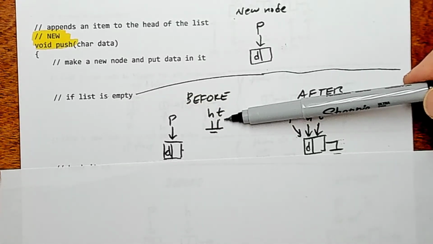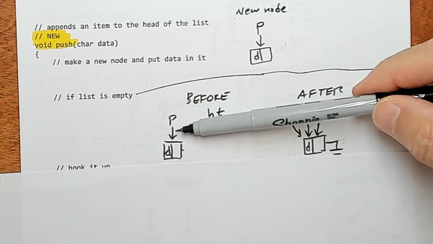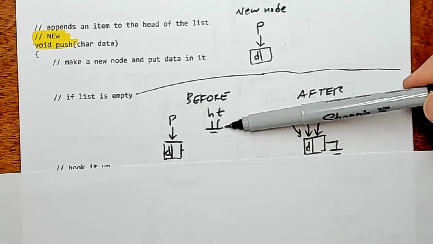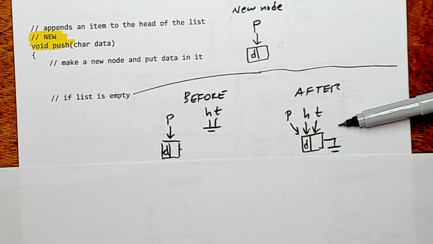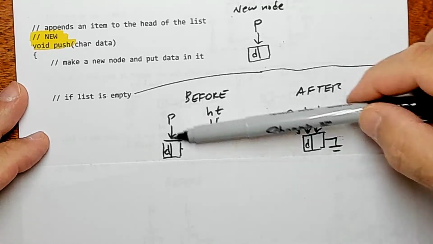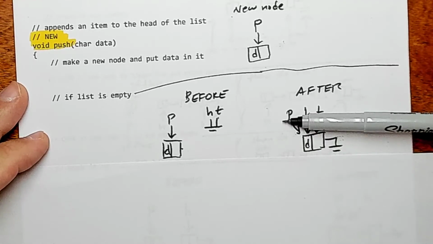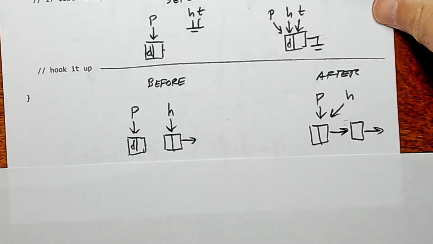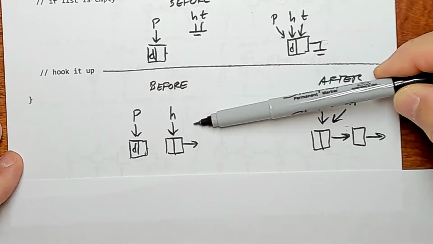The head and the tail point to nothing, and then you've made a new node using a pointer P, presumably. So here's your new node that you've made, and here's the condition of the list being empty, and afterwards it's got to look like this. There's code in that other document that implements this picture. All right, then if the list is not empty, that's this case.